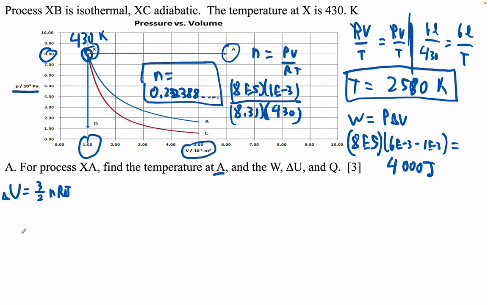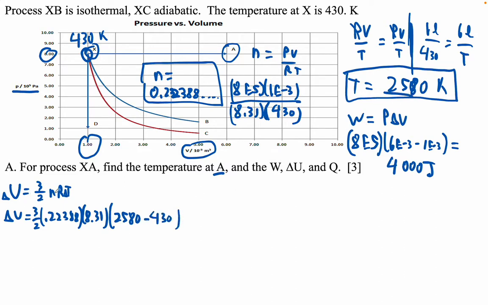So now we could do this, right? Our change in internal energy is 3/2 times 0.22388 times 8.31 times 2,580. That's our final temperature, right? Minus 430.